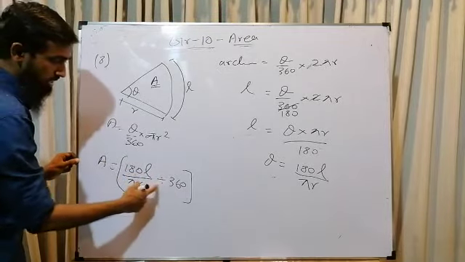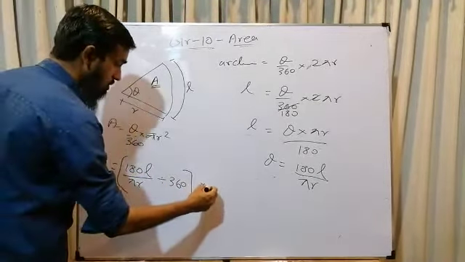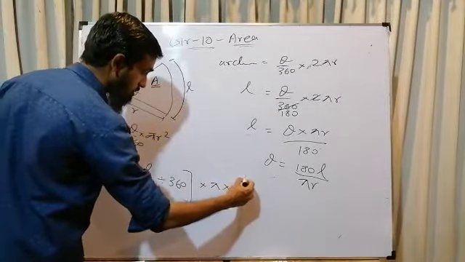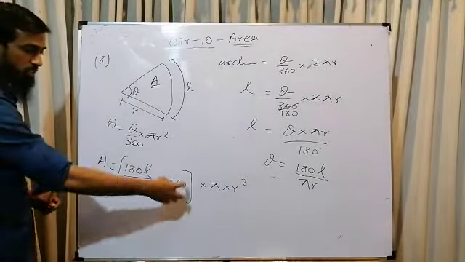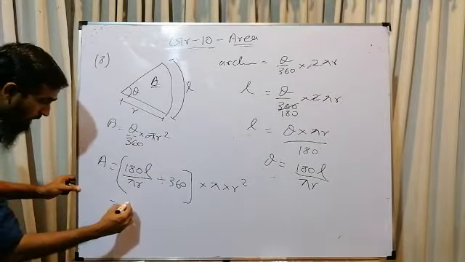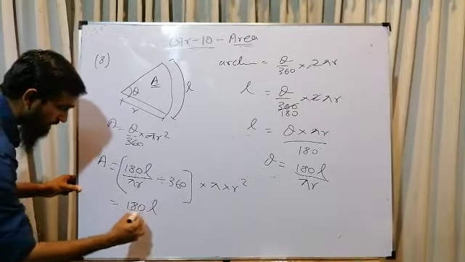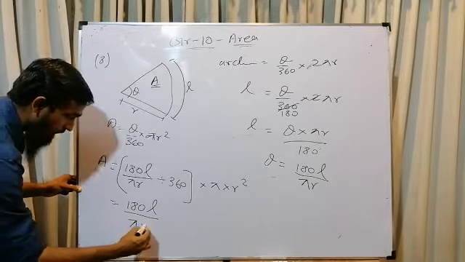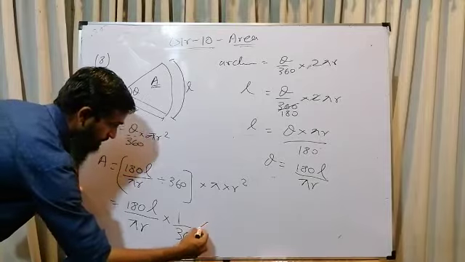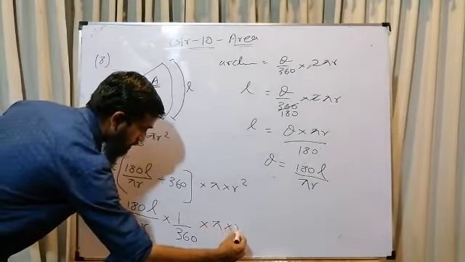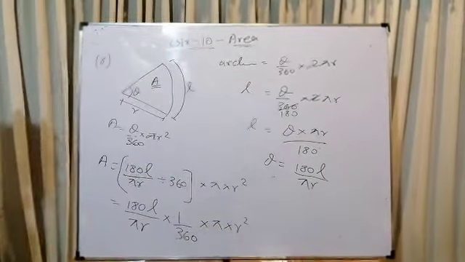We write it like a division, 360 into pi into r square. So division will be reciprocal. So 180 L over pi r into 1 over 360 into pi into r square.